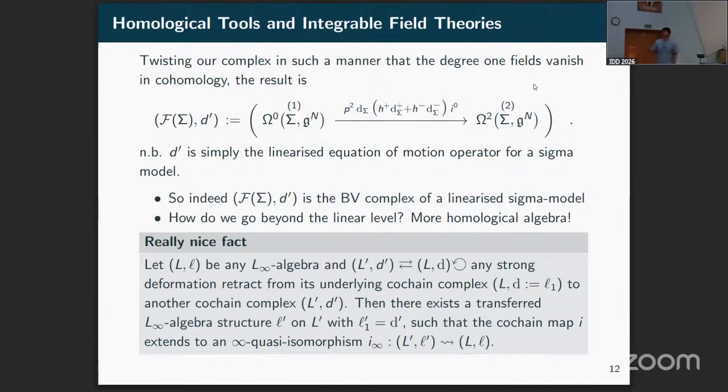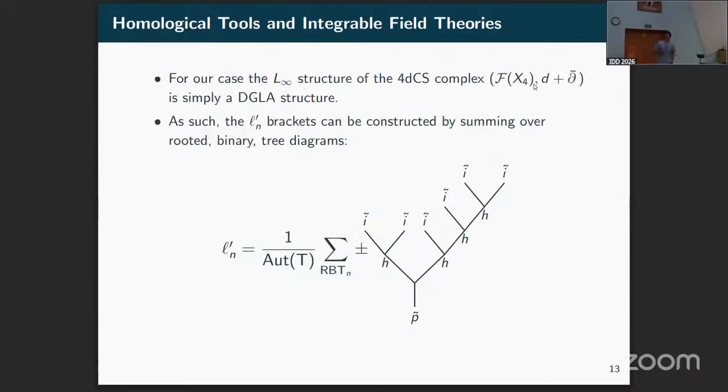So you take these L maps and you can start using them to map to a bunch of L primes on the other space, which upgrades this from a differential graded algebra to an L-infinity algebra. So basically, the map I taking you between the two then gets extended to an infinity quasi-isomorphism.